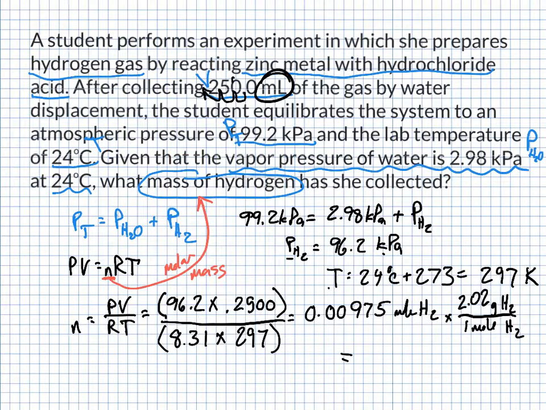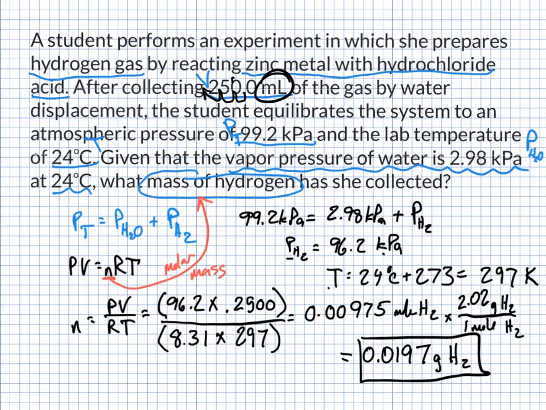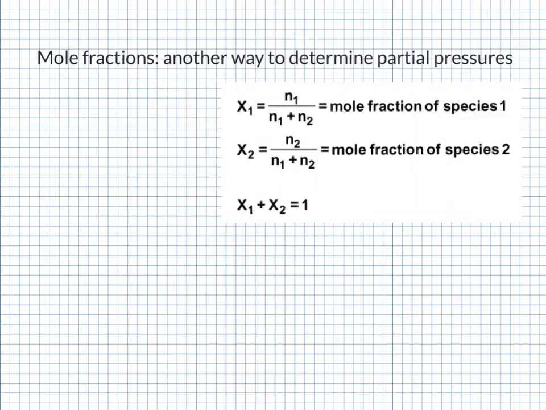So when I calculate that, and again go to 3 significant figures, 0.00975 times 2.02 is going to give me 0.0197 grams of H2. Again, 3 sig figs because all of these things have 3 sig figs.